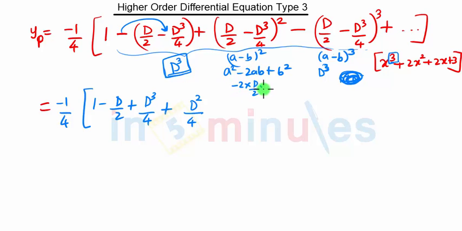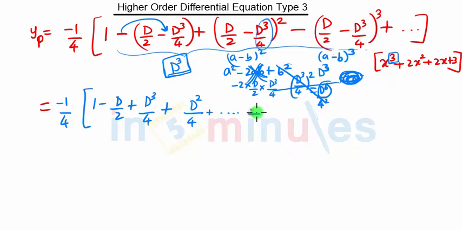A is D by 2. What is b? B is D cube upon 4. As you can see, D cube into D will become D raised to 4. So this term can be neglected because we need till D cube terms. What is b square? B square is this square. So D cube upon 4 the whole square is nothing but D raised to 6 upon 4 square. We do not need the D raised to 6 term. So this term will also be neglected.